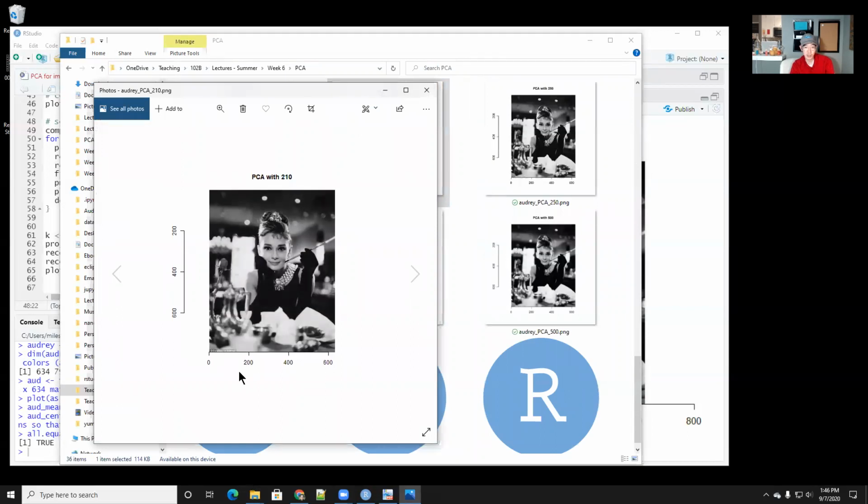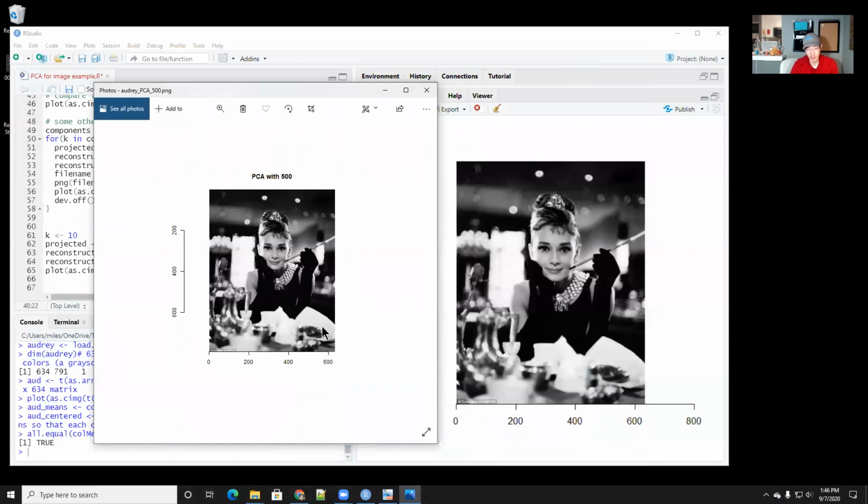So 120, 250, 300, 400. There's more gray, and as I increase the number of principal components, you get more contrast. That's basically the story here. Between 500 and 634, the original image, there's less difference, right?